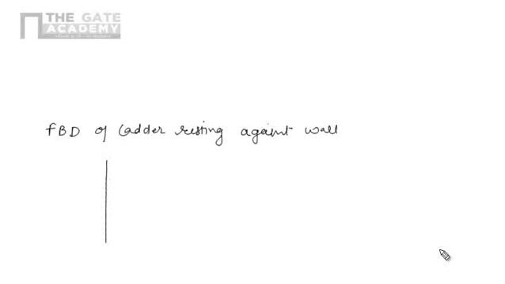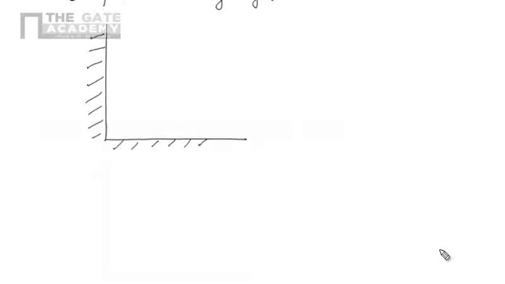Let's take another example for understanding the free body diagram: the free body diagram of a ladder resting against a wall. Suppose this is the floor and this one is the wall.